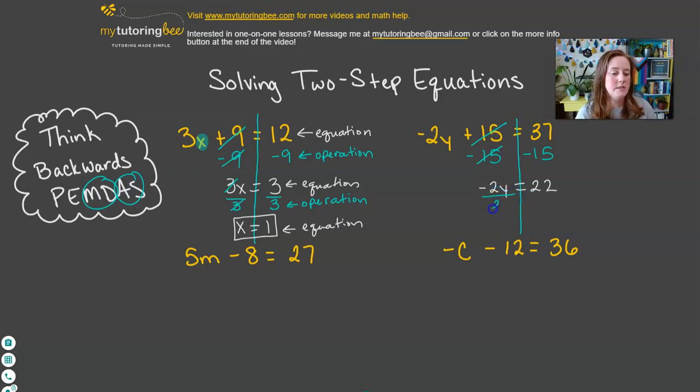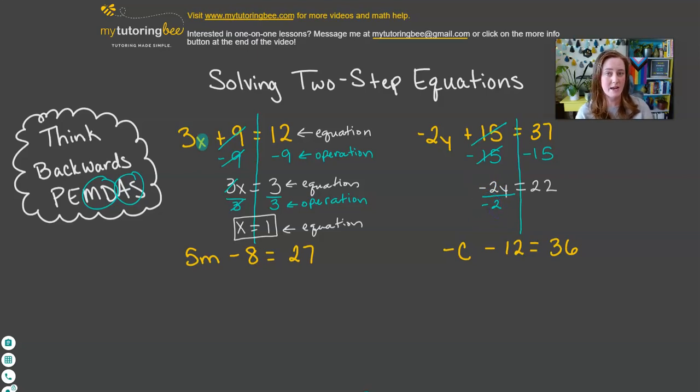We could just divide by 2, but if we only divide by a +2, then just the 2's are going to cancel out, and that negative is going to be left there, and we're going to be left with a -y. And what we want for our final solution is just a +1y. So instead of just dividing by 2, we can divide by a -2, because these negatives are going to cancel out, right?